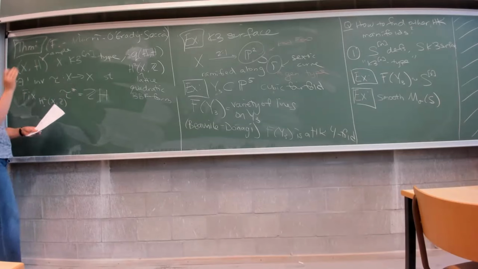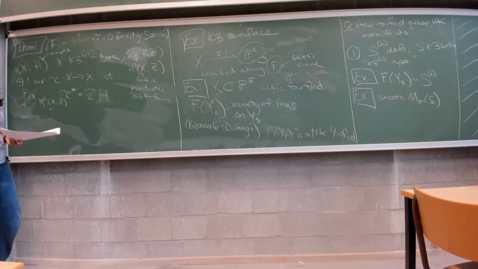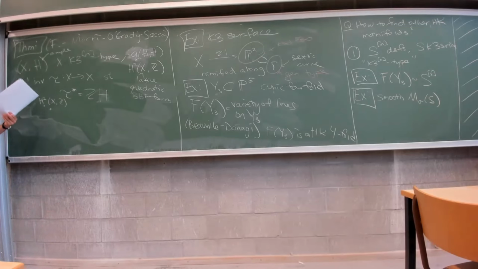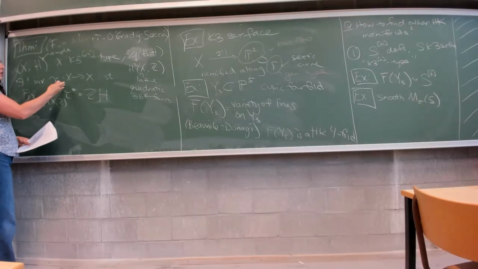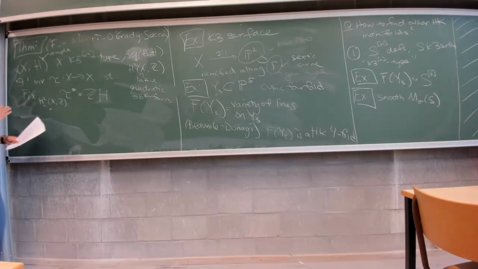The reason for that is the Torelli theorem that I gave at the beginning, which says that I can lift to the variety anything that's happening at the level of the lattice. So I define this involution at the level of the lattice, and then I can lift it to the variety.